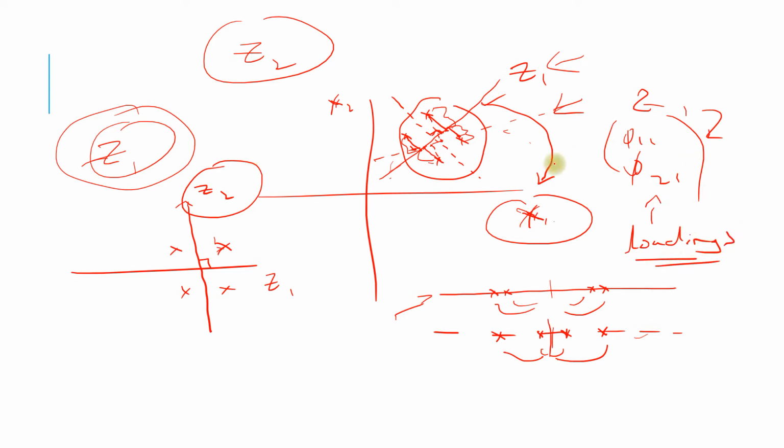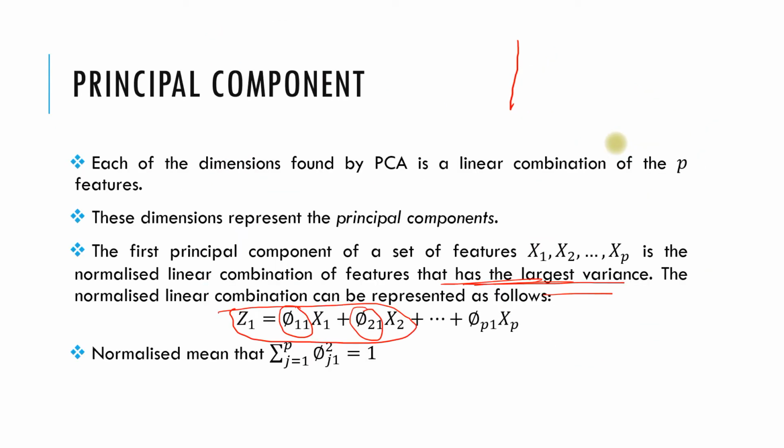We'll get to that afterward. If Z1 has this, Z2 should have a different direction, a new set of phi that is different from this one, that would be orthogonal to this one.